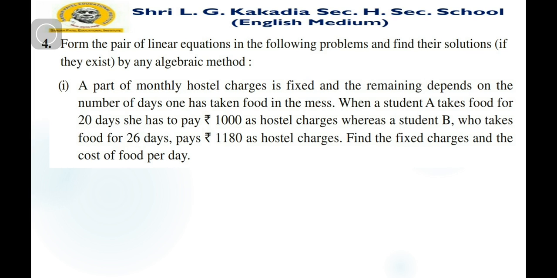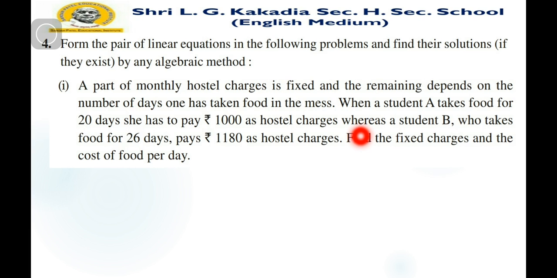So here we have to assume two types of variables. First one is the fixed rate. The cost of 1 day of food is fixed, that we take as x, and the per day charge we take as y.